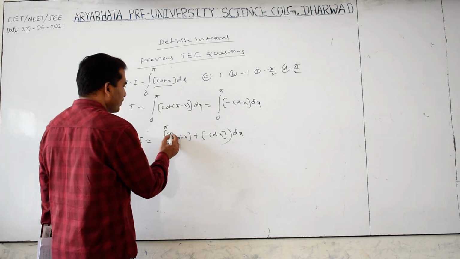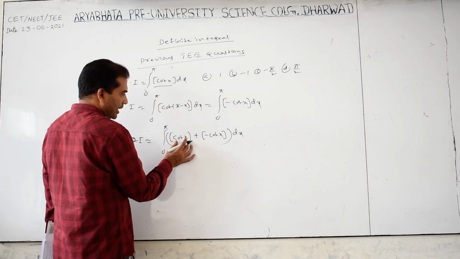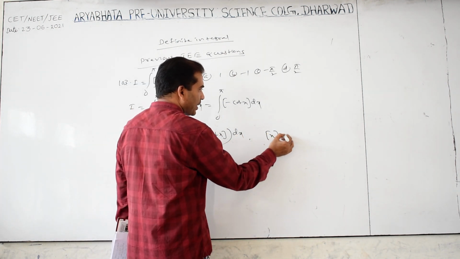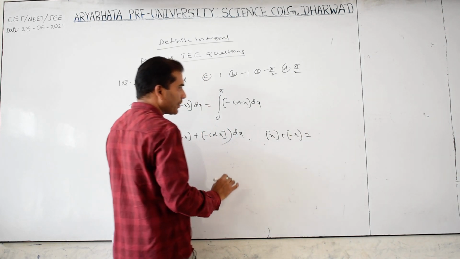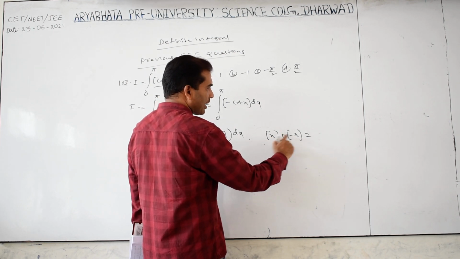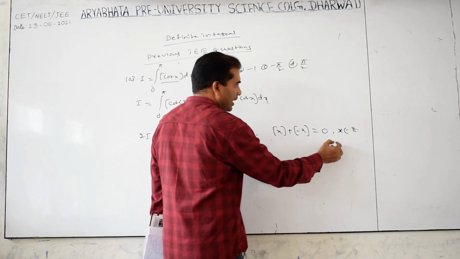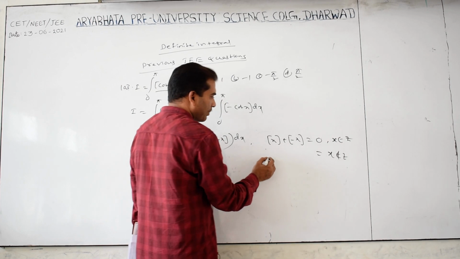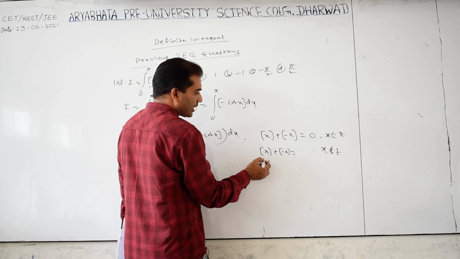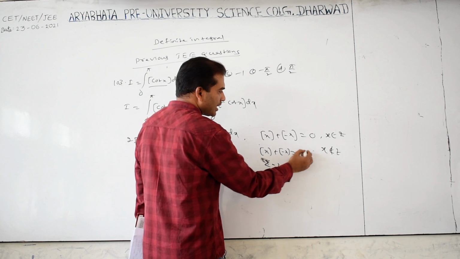See, step of cot x and step of minus cot x, that is step x and step of minus x, what is the answer? Step x plus step of minus x, if you take an integer, 1 and here minus 1, 1 minus 1 is 0, when x belongs to Z. When x does not belong to Z, what happens? Take x equal to 2.1, step of 2.1 is 2, step of minus 2.1 is minus 3, 2 minus 3 is minus 1.